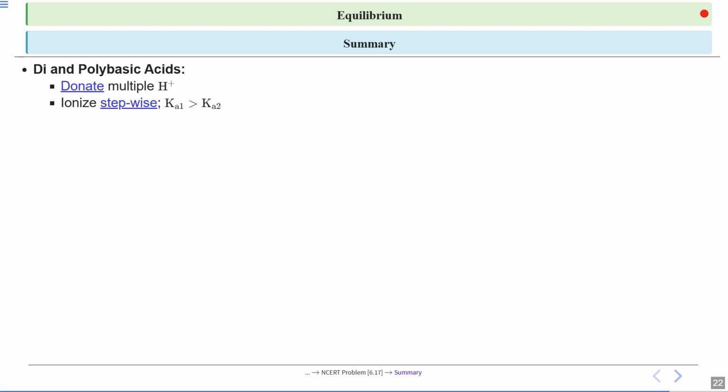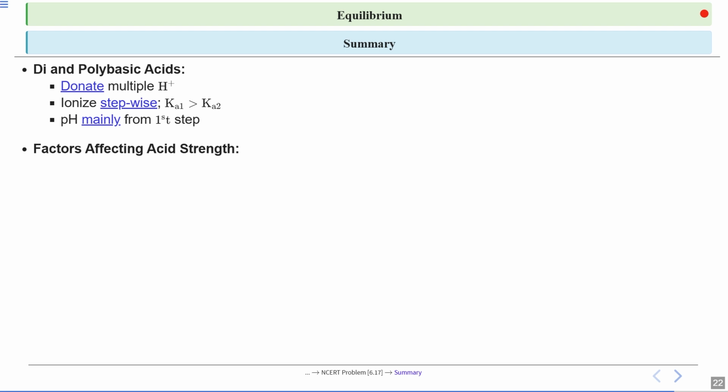Similarly, if there's a third proton, then its constant will be less than K2 and so on. Remember, the pH is mostly dependent upon the first step because most of the H plus is directly coming from this first ionization and not from the successive ones, because of the lesser dissociation of the further anionic species.